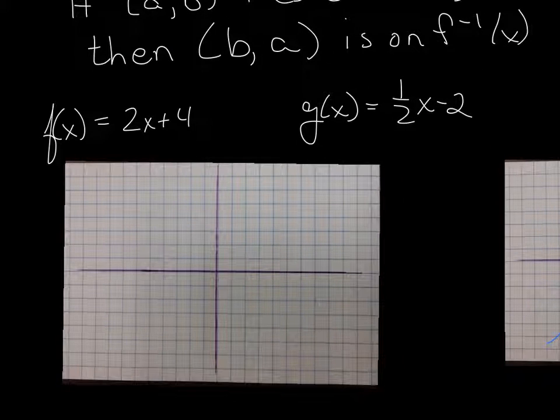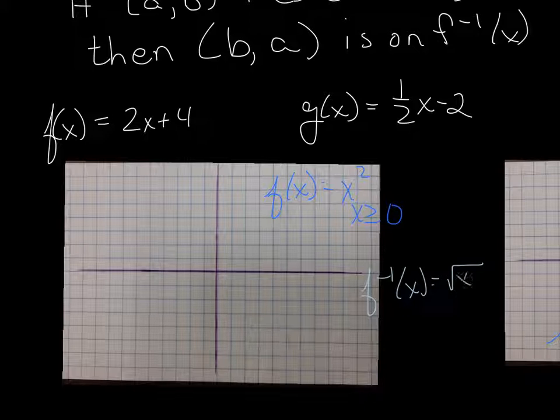Okay, let's graph f of x equals x squared for x greater than or equal to 0. And then let's graph the inverse, which is the square root of x, and see if they reflect across the line y equals x.